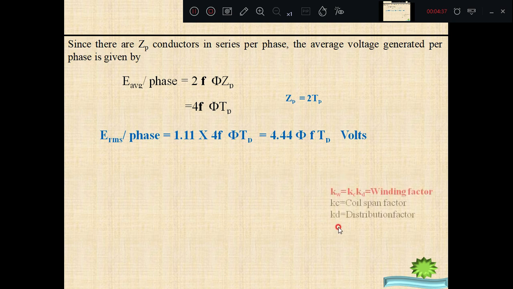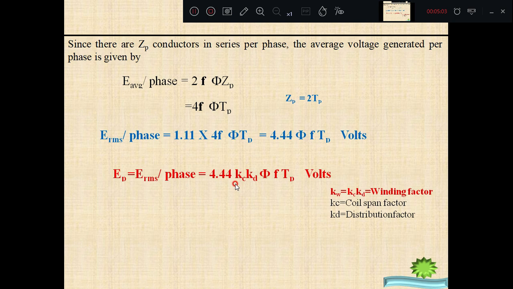Therefore, you have to multiply by Kc and Kd, that is, the coil span factor and the distribution factor, because the coils are connected in short pitch and distributed winding to improve the waveform. Considering these two factors, the RMS value of the voltage is 4.44 Kc Kd φ f Tp volts. This is the induced voltage per phase. This is the EMF equation of a generator.